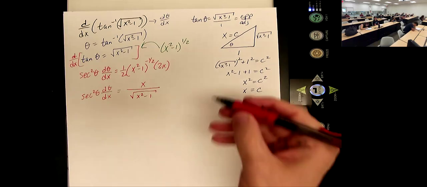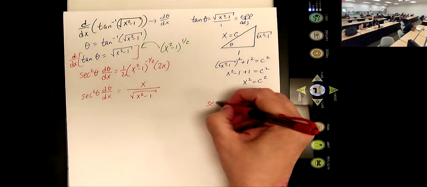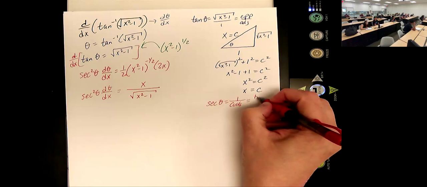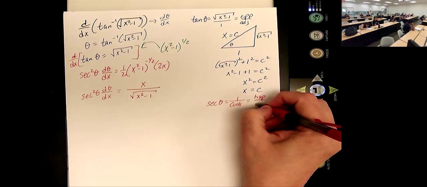What is secant theta? Secant theta is 1 over cosine theta. So we're gonna flip over the adjacent over hypotenuse and have hypotenuse over adjacent.